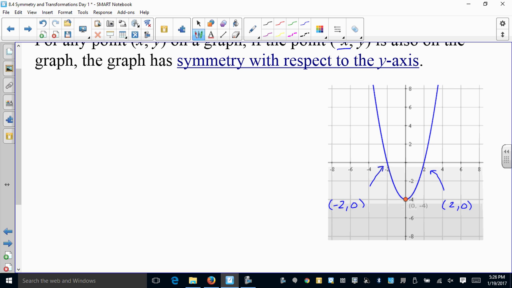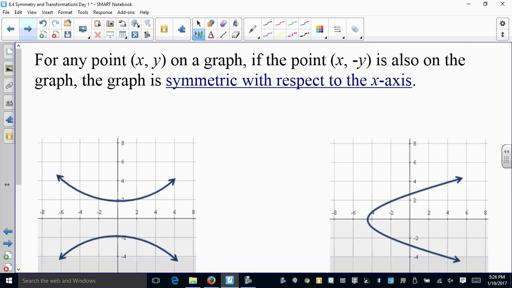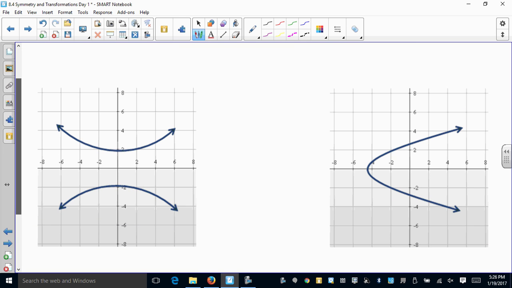Okay, the next one, if x, y is on the graph, then x, negative y is also on the graph. We have more than one point that we can use on these ones. The easiest one probably here would be this one here, where we have 0, 2, and then down here we have 0, -2.